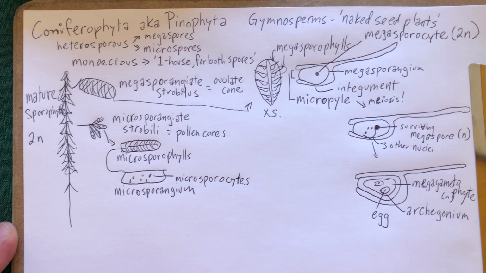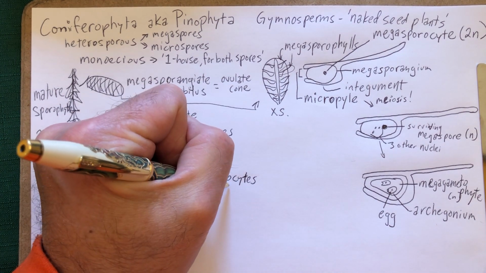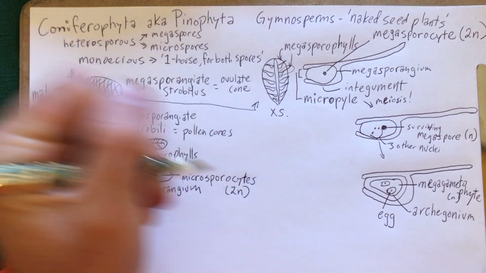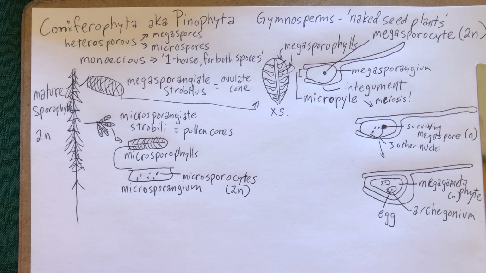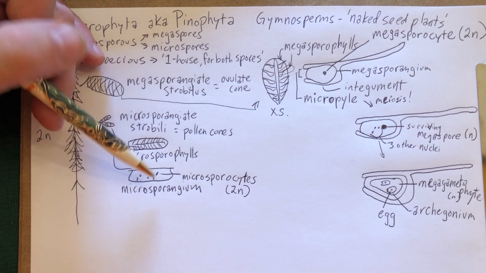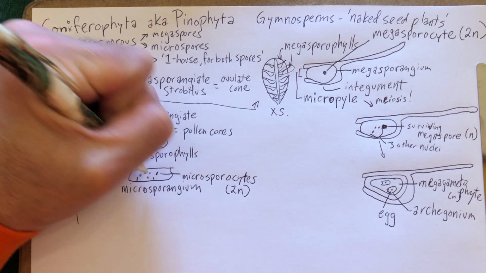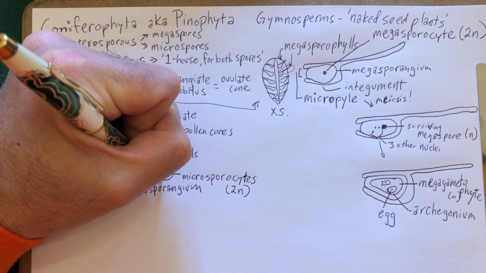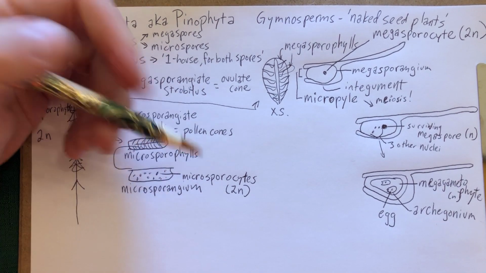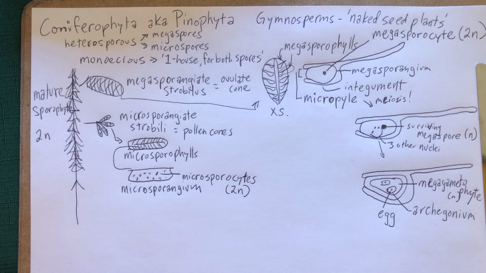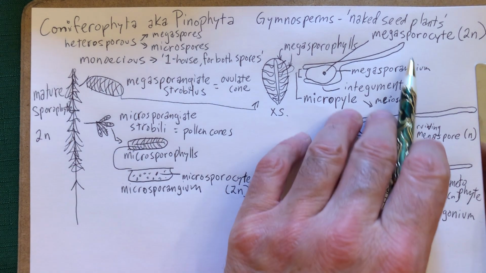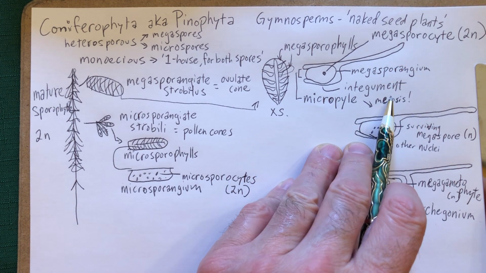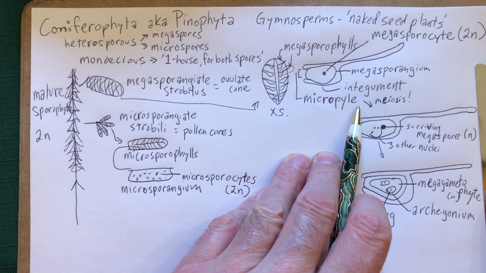Now, if you are a good pattern recognizer, you will probably pick up on something that's going to happen to these microsporocytes, given that I've just pointed out that they are diploid, being part of the sporophyte. And that thing that's going to happen, just like we saw with the megasporocyte, is it's going to go through meiosis.